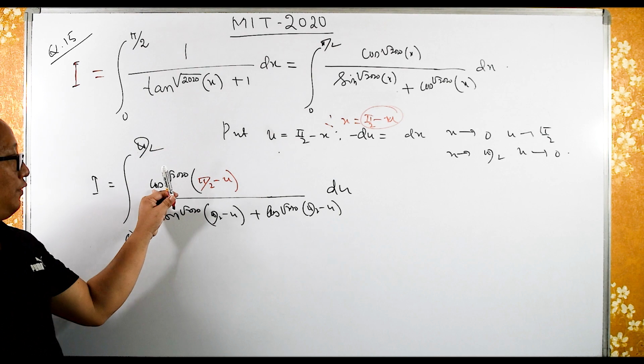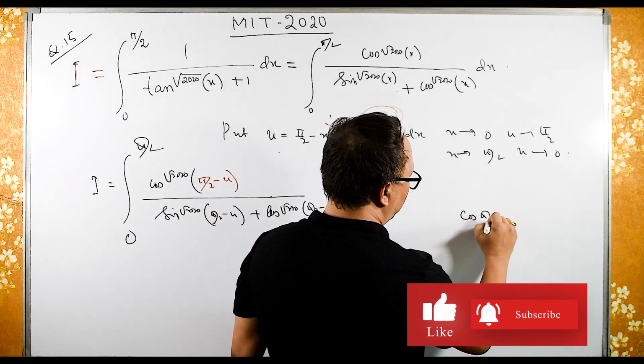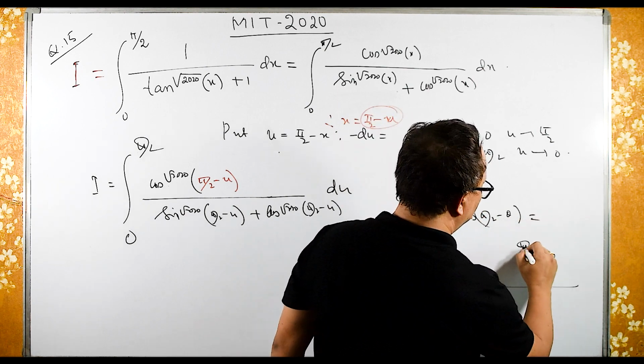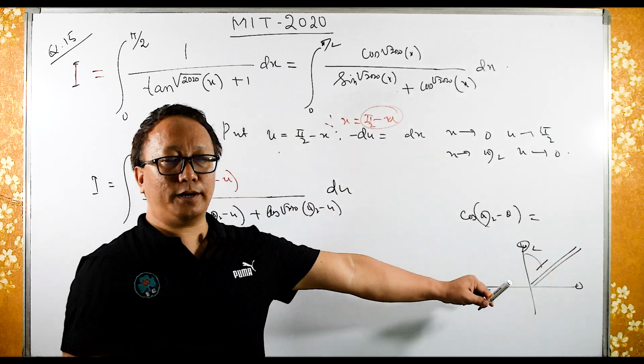Now cos of pi by 2 minus theta, what is this? Pi by 2 minus theta is in the first quadrant, where all are positive.